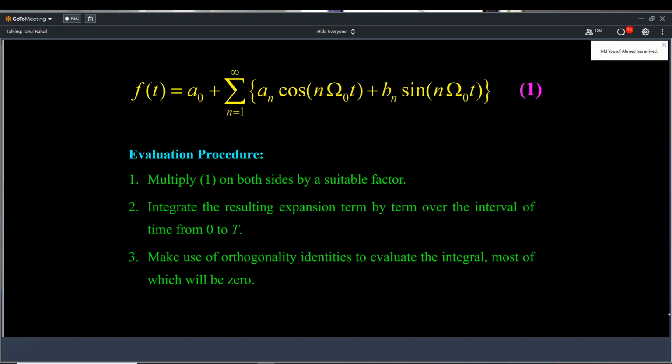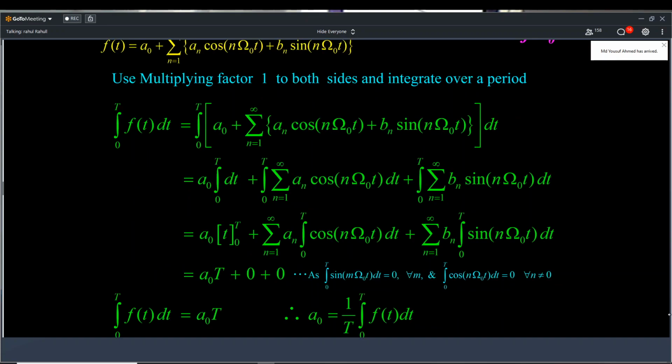So for determining a0, in f of t dt we are using the multiplying factor 1. So multiply the left side of this equation by 1 as well as the right side by 1 and integrate over 0 to T. By using these orthogonal properties, you can simplify this integral.